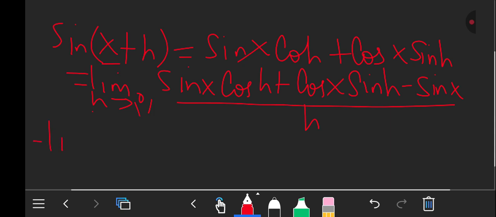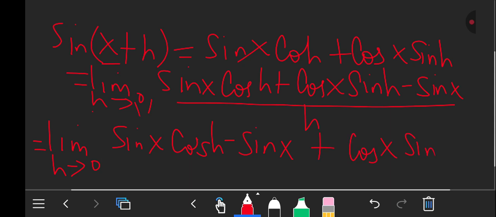So this will be equal to limit as h approaches 0, sine x cos h, then minus sine x, then plus cos x sine h over h.